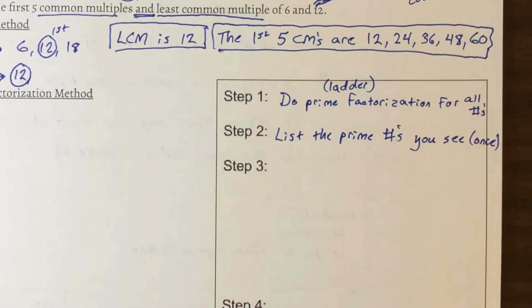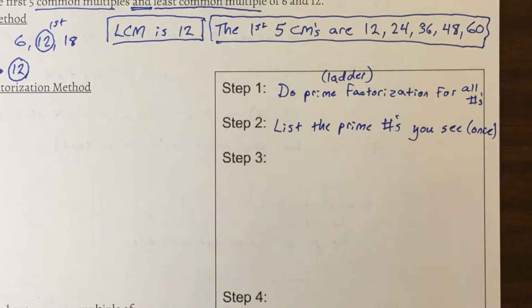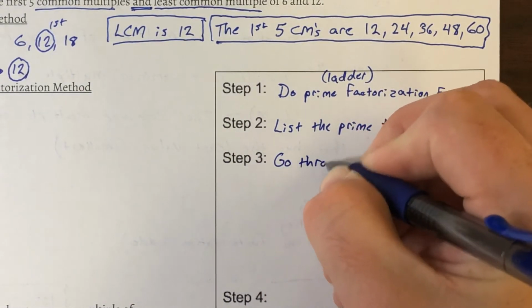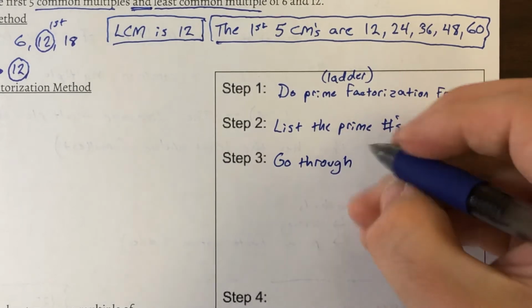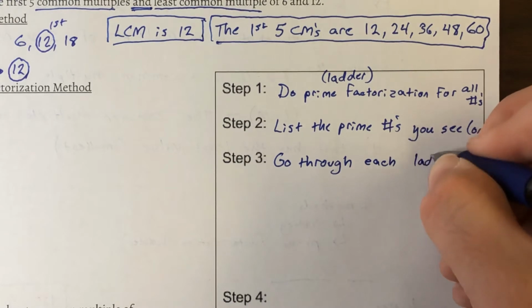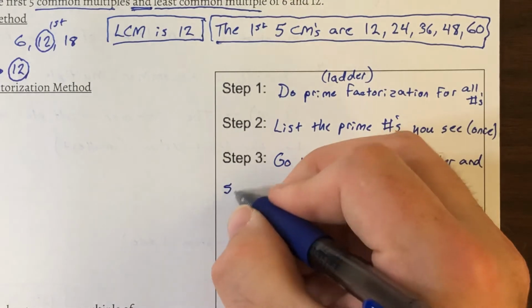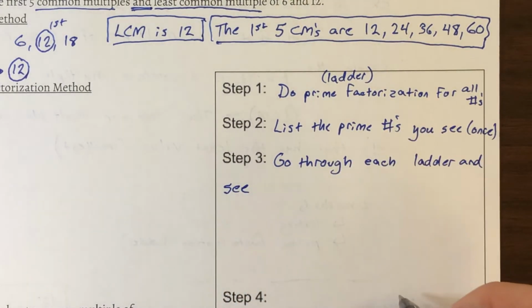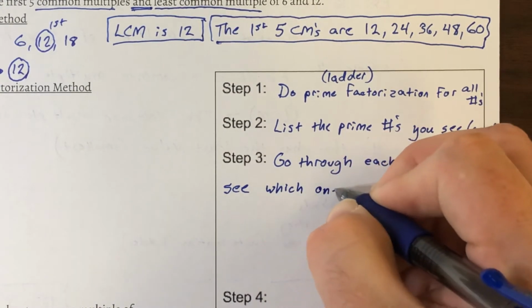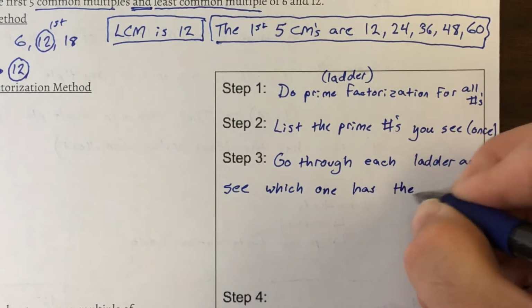Step 3 is the longest, so don't let it confuse you. Simply go through each ladder and see which one has the most.